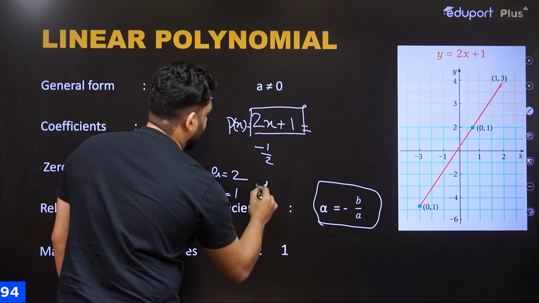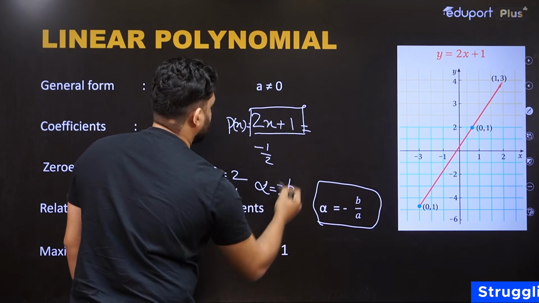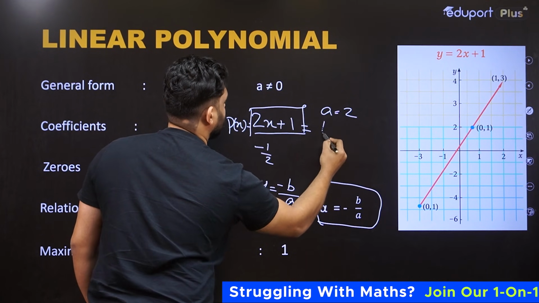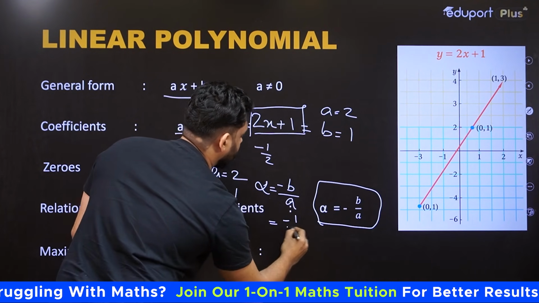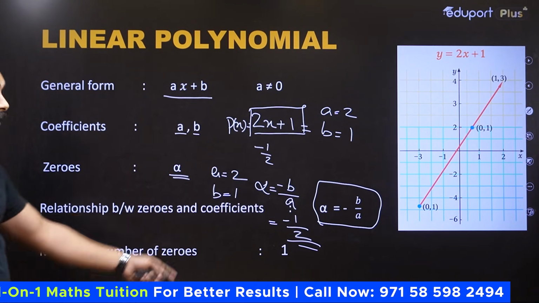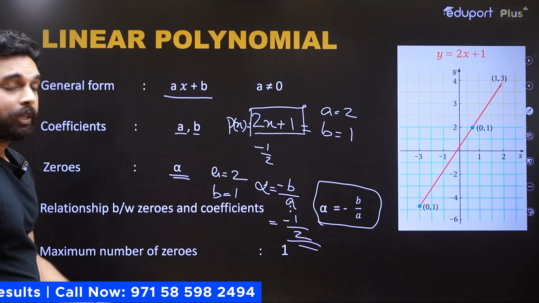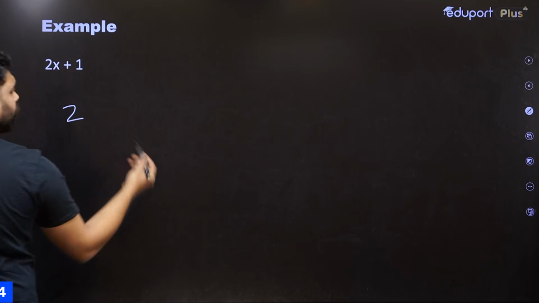So alpha is minus b by a, which is minus 1 by 2. That will be the answer. In the case of a linear polynomial, the maximum number of zeros will be 1. Example 2x plus 1, which we already did.